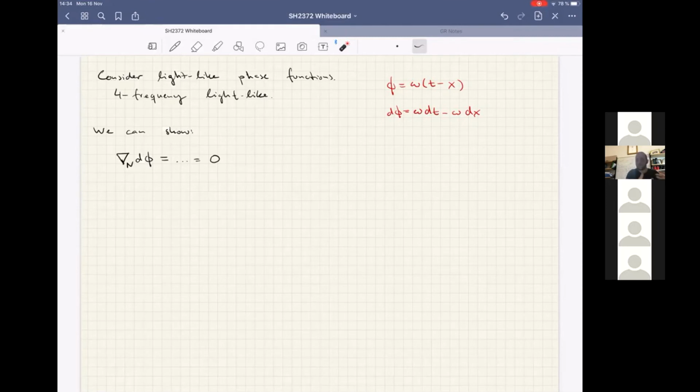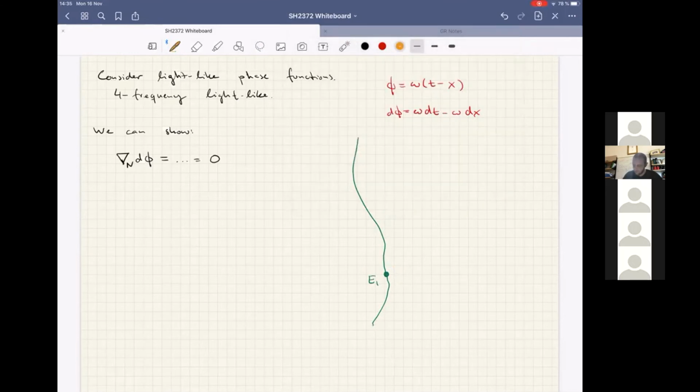So what does this mean for observers? Well, let's consider the following situation. So let's take an observer here. The observer is generally going to move along some world line. But let's say that this observer at this event, so let's call this event E1, is going to emit a light signal.